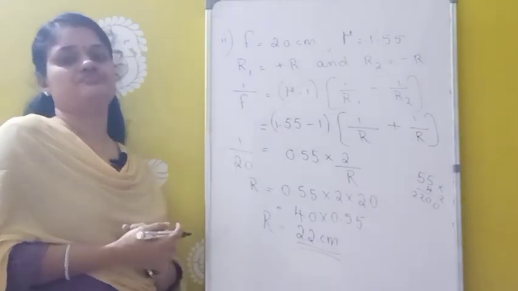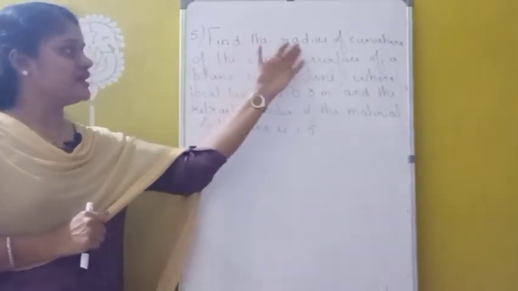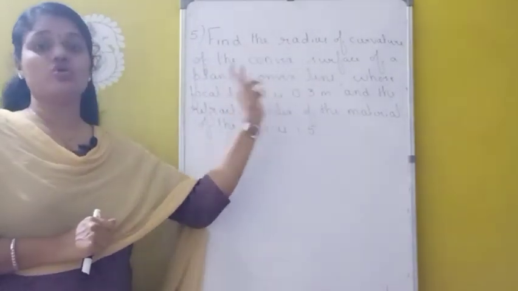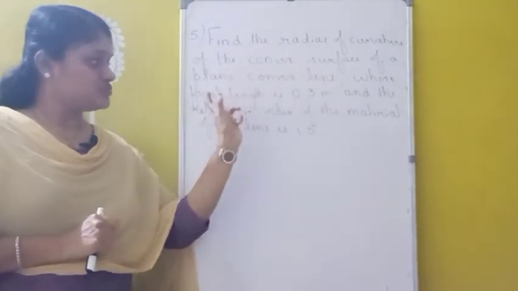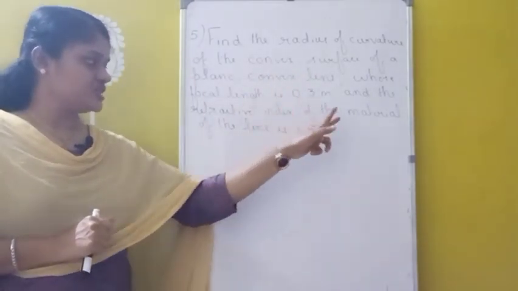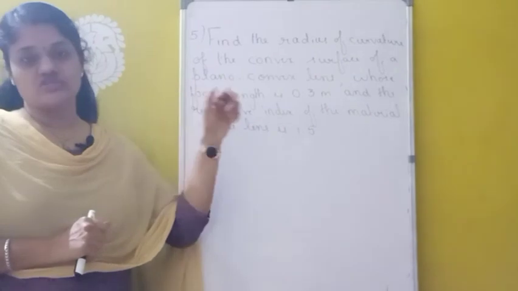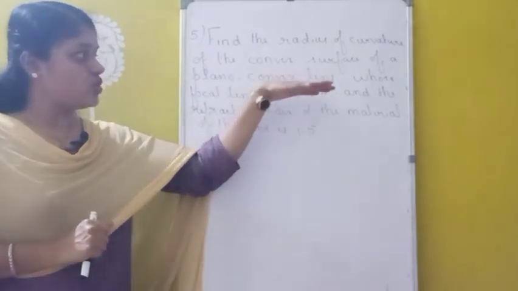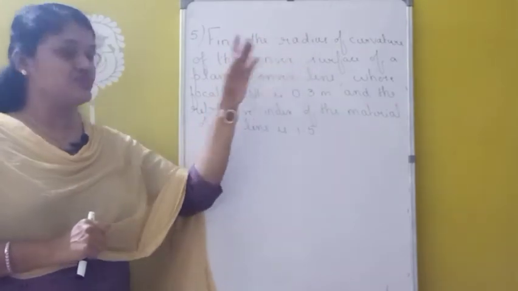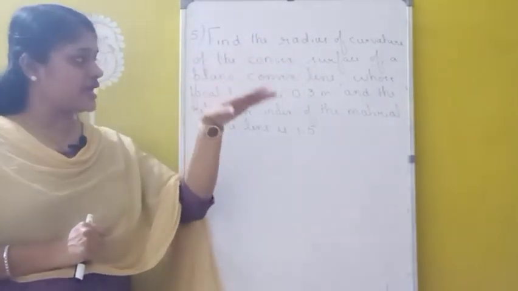Okay. Fifth problem. Find the radius of curvature of the convex surface of a plano-convex lens whose focal length is 0.3 meter and the refractive index of the material of this lens is 1.5. So the refractive index is given, the focal length is given, and we have to find the radius of curvature of the convex surface of a plano-convex lens.